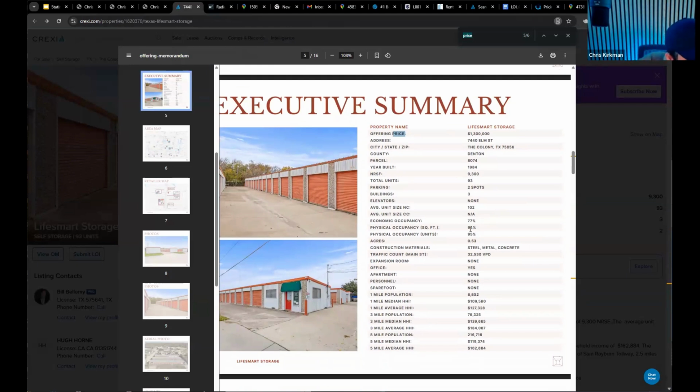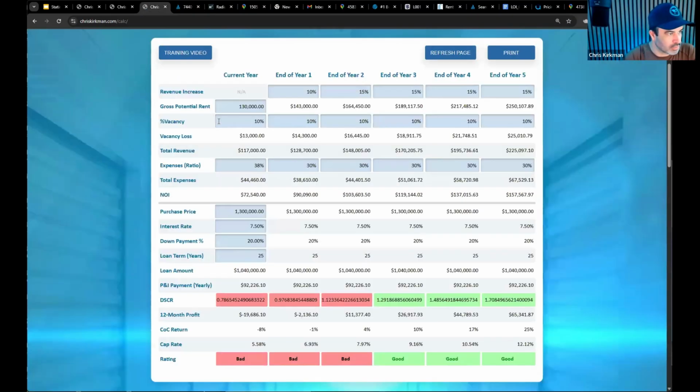Economic occupancy 77. Physical occupancy, okay, so 77. We'll just do a vacancy of about 25. All right, so get that to there. This is going to be more now because of that. Okay. Boom. All right, so this is like a 0.5 DSCR.